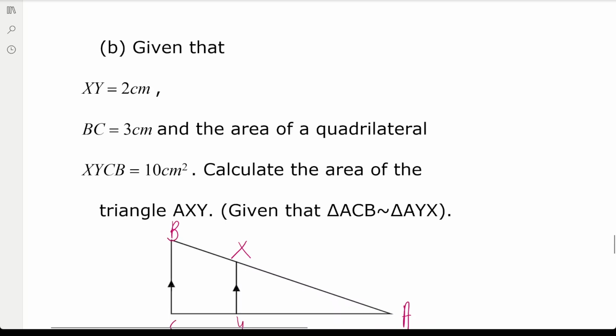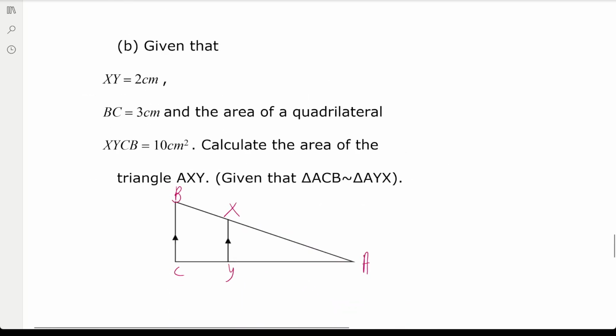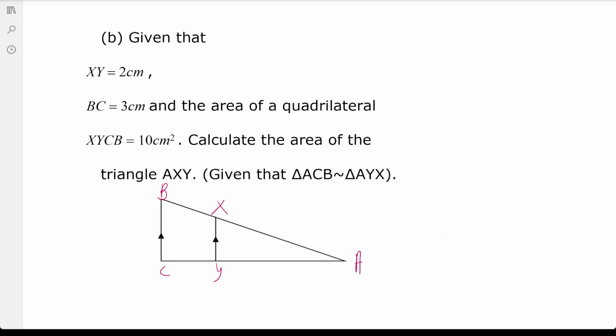Going to 5b. Given that XY is 2 centimeters, so we were given XY 2 centimeters and BC 3 centimeters.